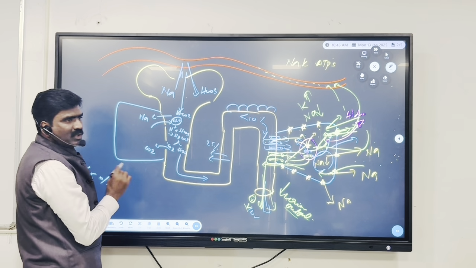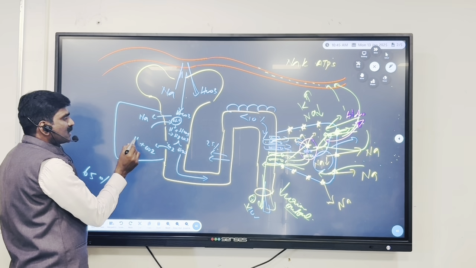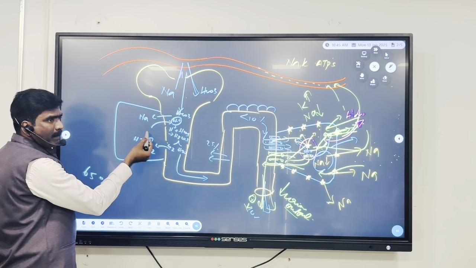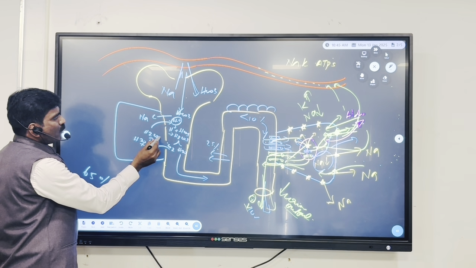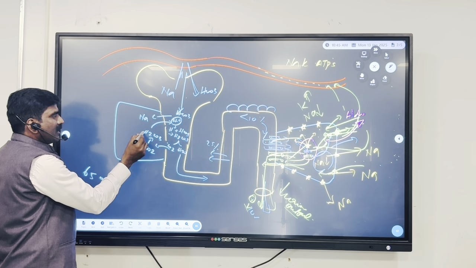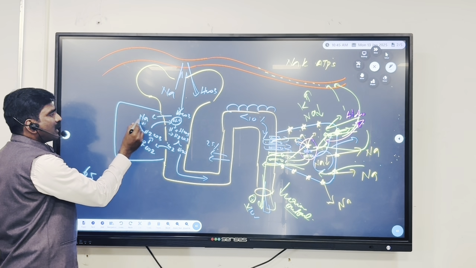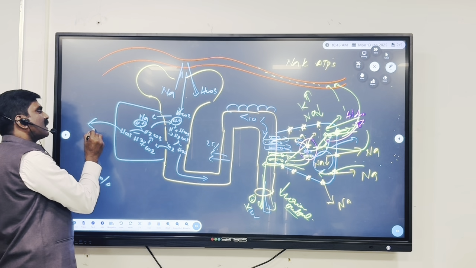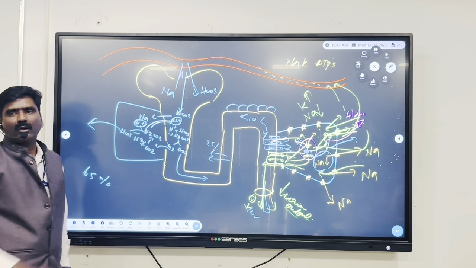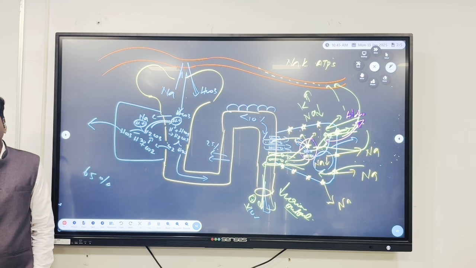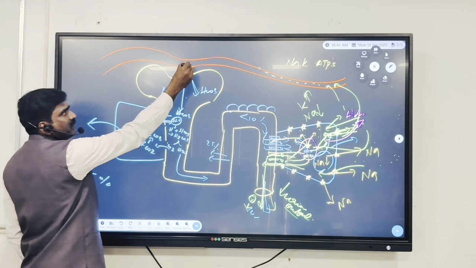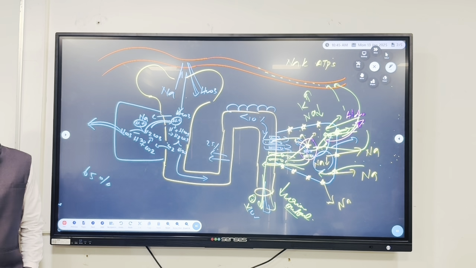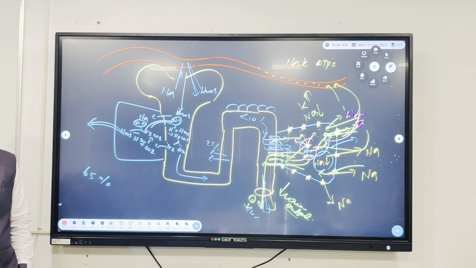This carbon dioxide mixes with water in the cell to form H2CO3, and this again dissociates into H+ and HCO3-. This HCO3- will come outside and this hydrogen ion will go inside. So what happened? The filtered bicarb is reabsorbed by the proximal convoluted tubule.